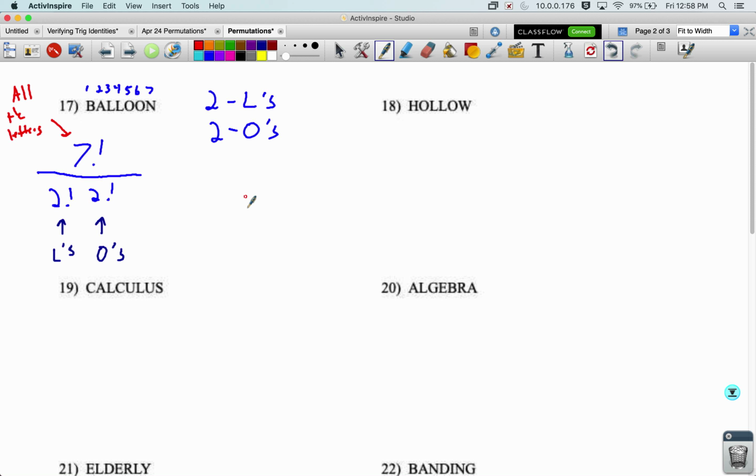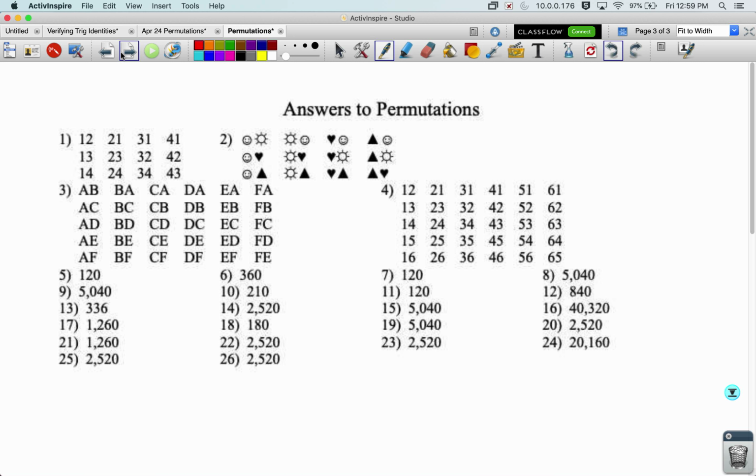All right, and let's see what we get here. 7 factorial is 5040, we knew that. 2 factorial is just 2, so 2 times 2. So 5,040 divided by 4 equals 1,260. We have an answer key here to double check.